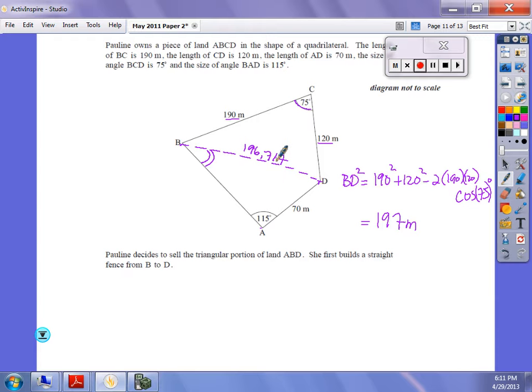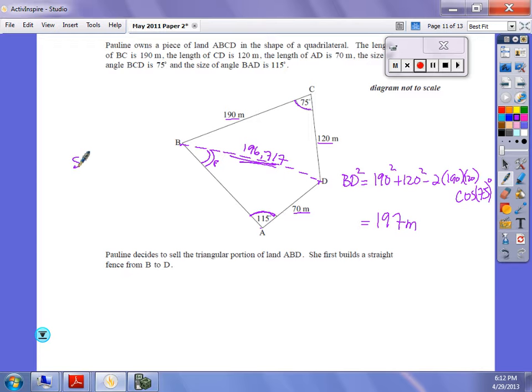So let's see, what information do I have here? I know this side and I want this angle, so I've got a side across from an angle, and I have another side. Here's another side across from an angle, so I have an appropriate use for the law of sines.